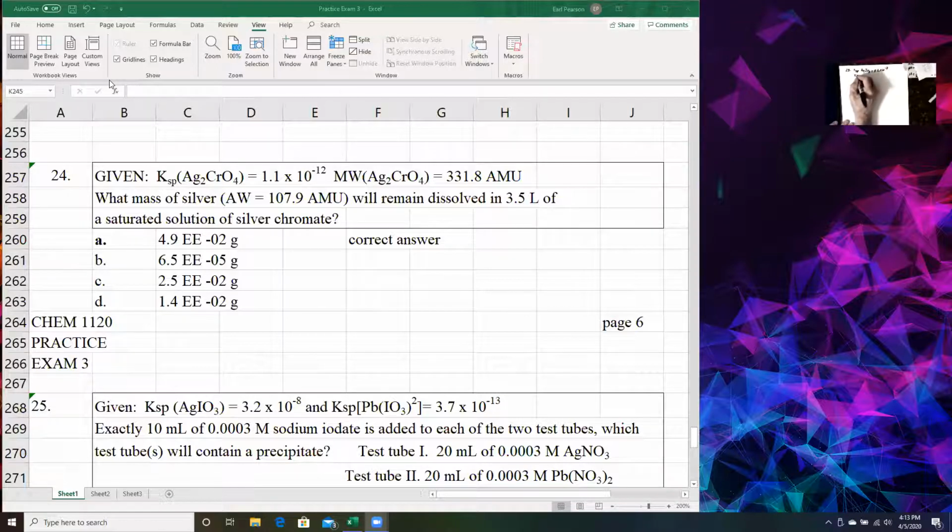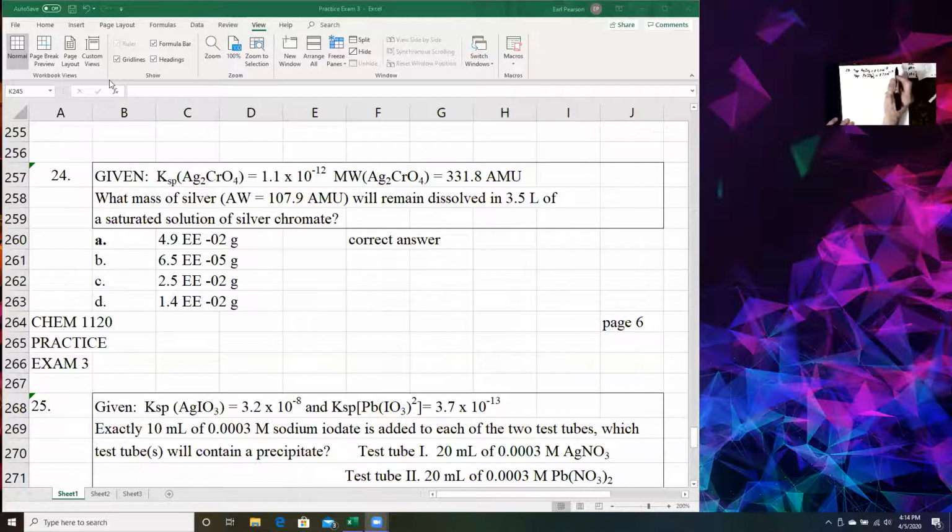The KSP for lead iodate, Pb(IO3)2, that's a 2, is 3.7 times 10 to the negative 13.